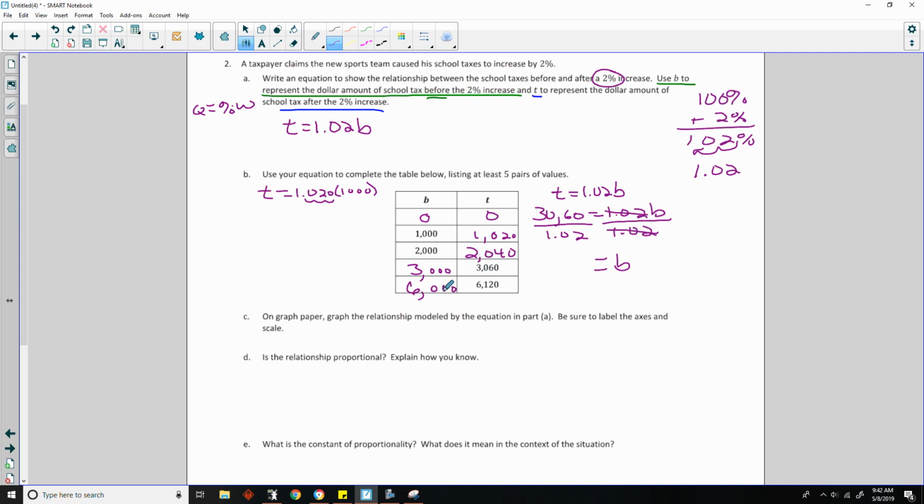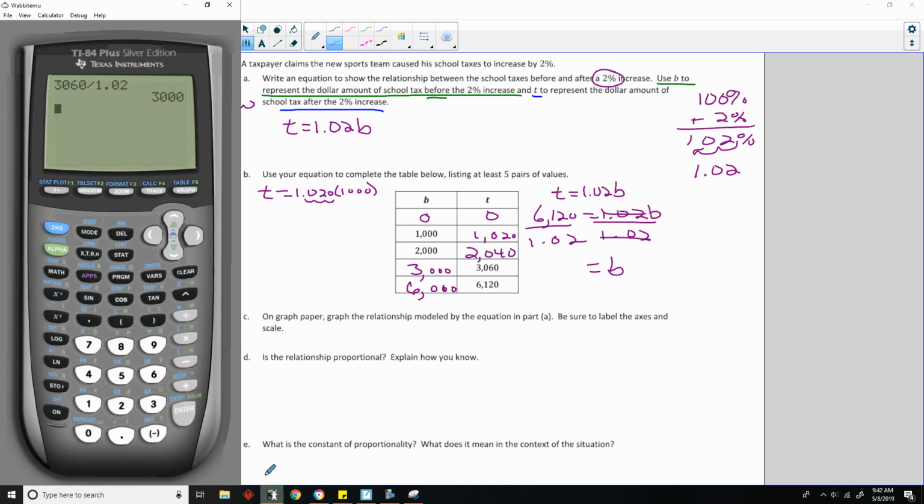But let's check that with our formula over here. So now I'm going to just erase this and redo the next one. I was given 6,120 equals 1.02b. Divide both sides by 1.02. Those will cancel, and I will get b equals. And if I go to my calculator and put in 6,120 and divide it by 1.02, then I get 6,000.